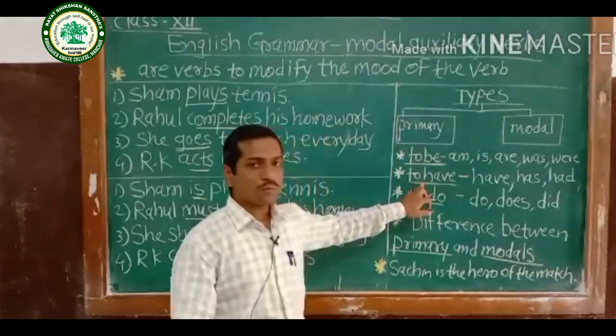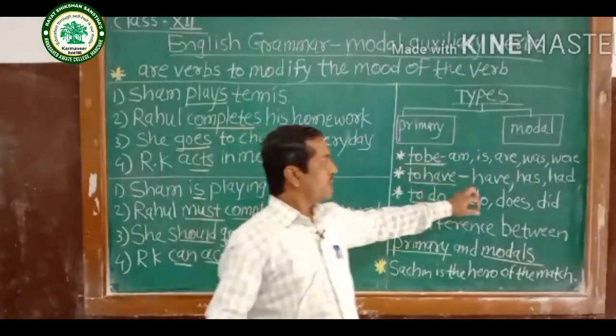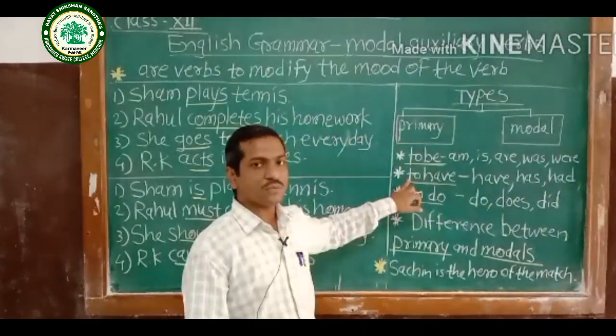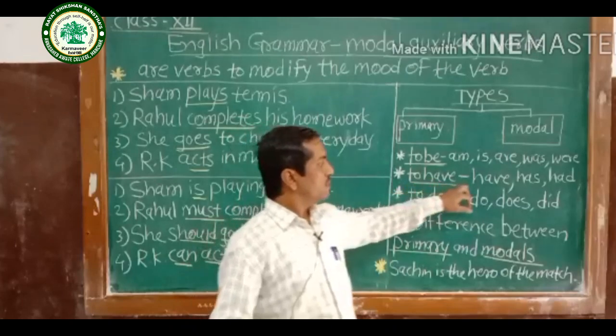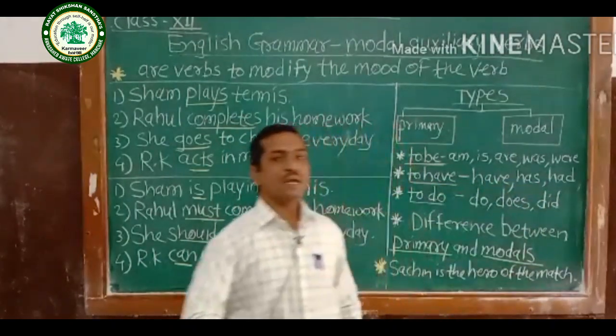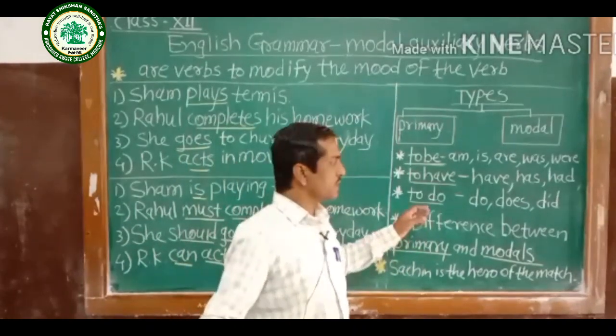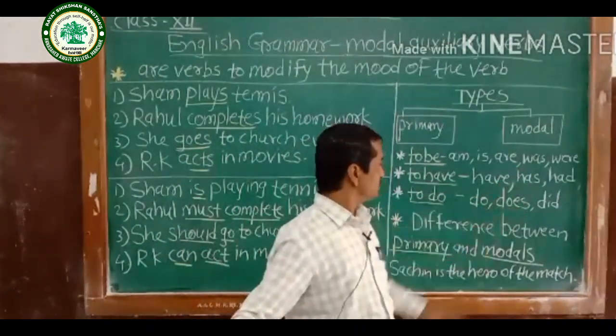Then the to have forms of primary auxiliary verbs are have, has, had. These primary auxiliary verbs we use in present perfect tense and past perfect tense.